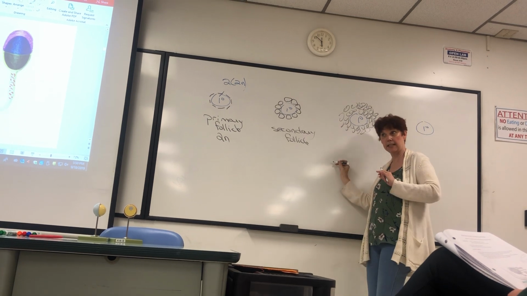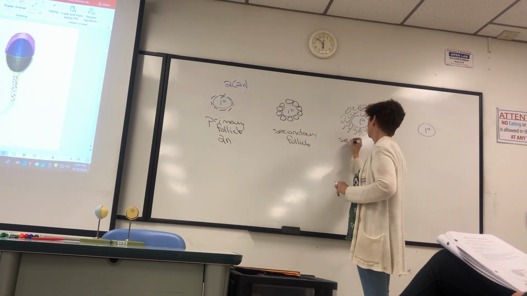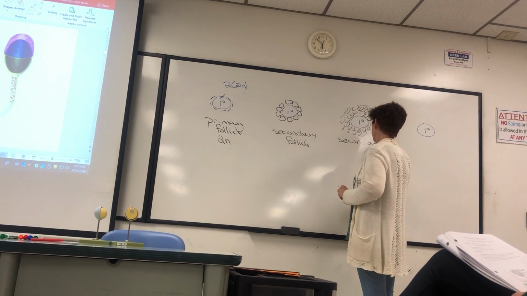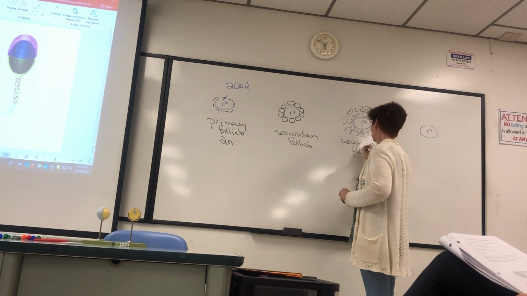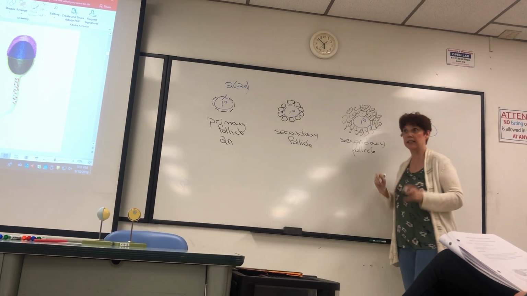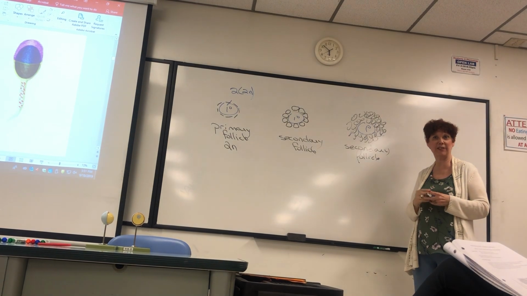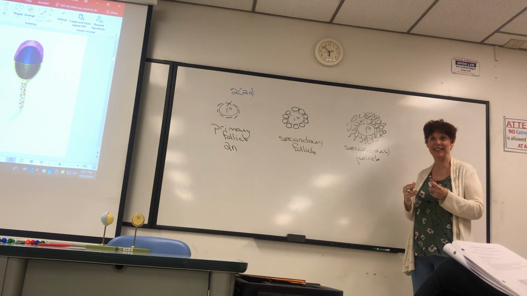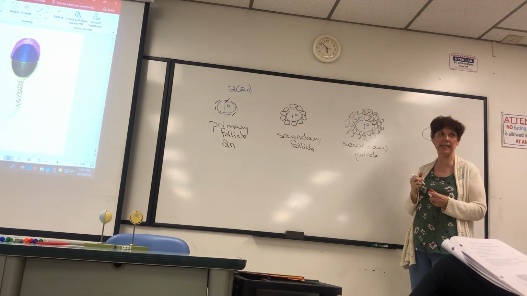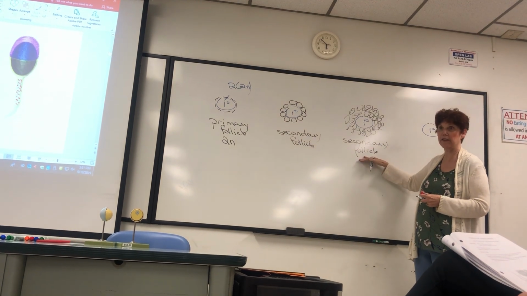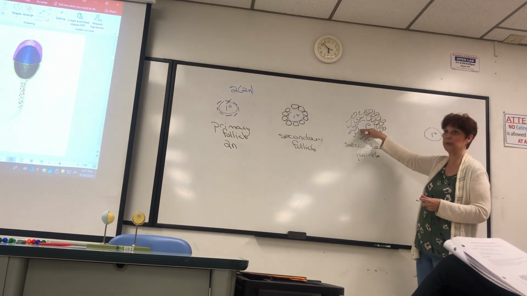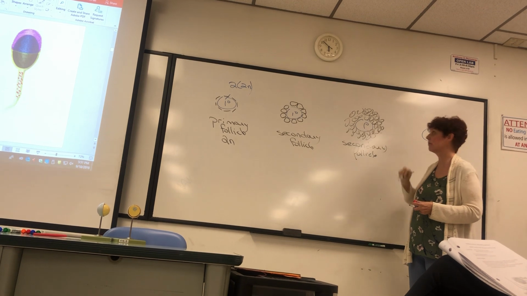Still a secondary follicle. But we are producing more estrogen because we have more of those follicular granulosa cells making estrogen. So the amount of estrogen is increasing, but still a secondary follicle, okay? And still a primary oocyte.